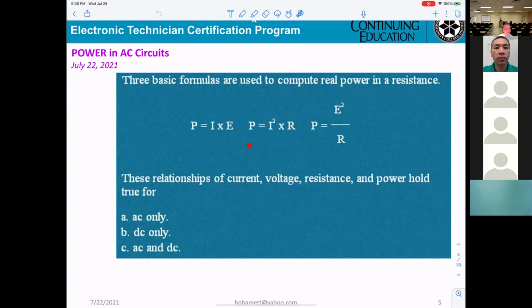Okay? The unit of the power will be watt. That's only for the resistor. When you get a capacitor or the inductor, that's when you get another one they call reactive power. And the unit will not be in watts. If you're talking about AC and DC combined, the power will be apparent power.